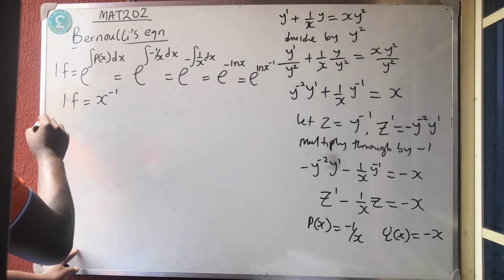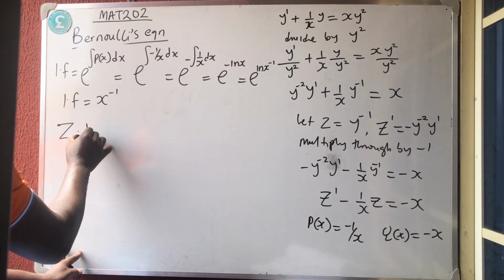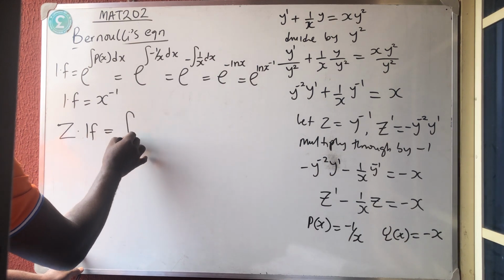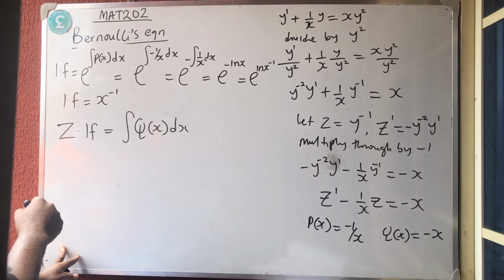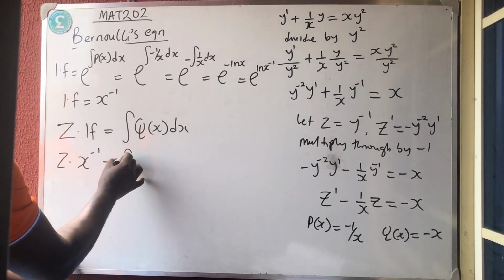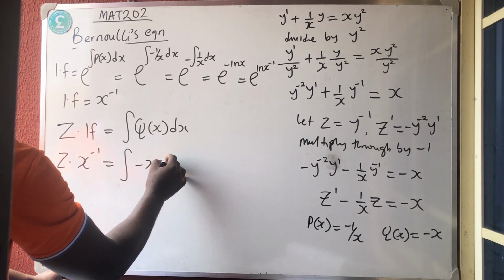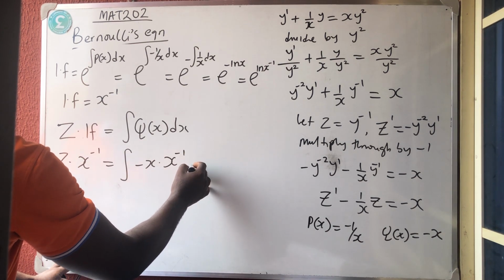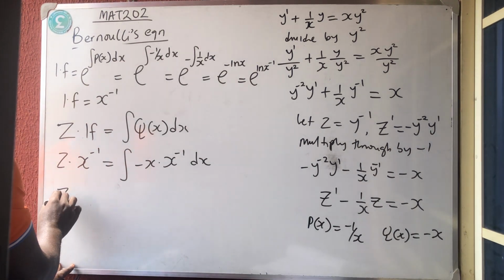So my answer becomes z, not y now, but z. So z times integrating factor is equal to the integral of q of x dx. So z times x raised to power minus 1 is equal to the integral of minus x times x raised to power minus 1 dx.